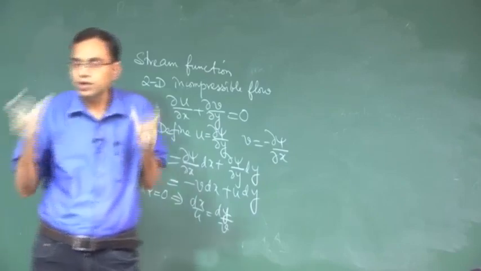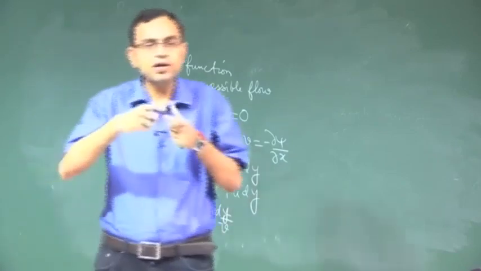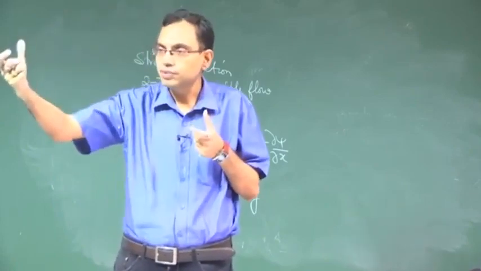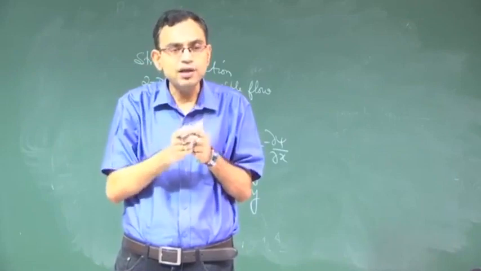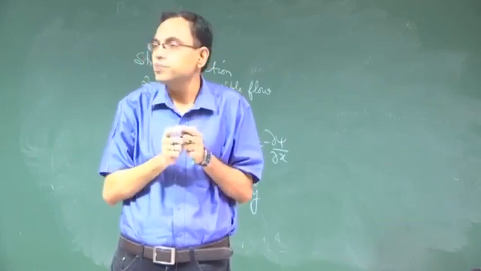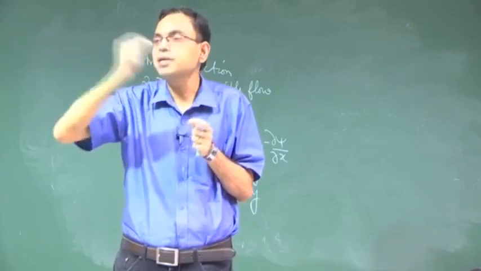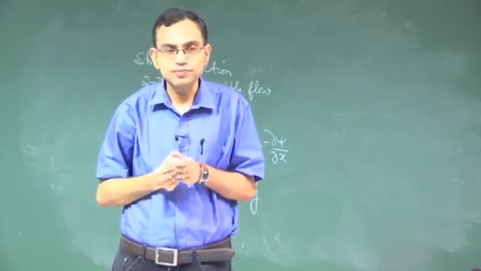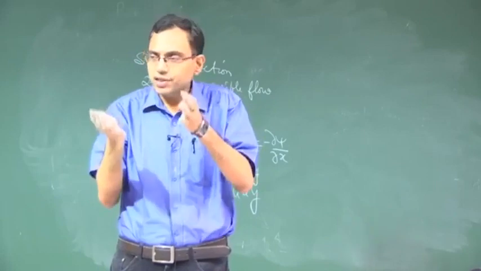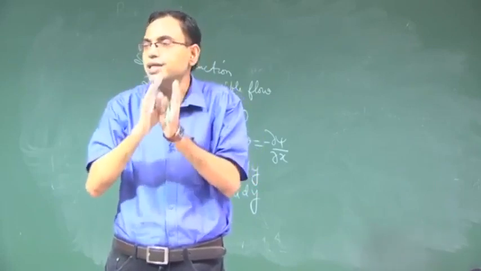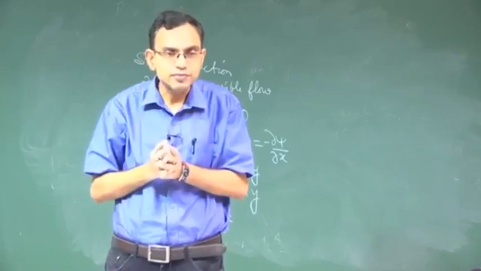This is not true, because streamlines are defined also for 3-dimensional flow or also for compressible flow, but stream function is defined only for 2-dimensional incompressible flow. So although streamlines may exist, that may not represent a constant stream function. So this relationship between stream function and streamline is there only when both are simultaneously defined.